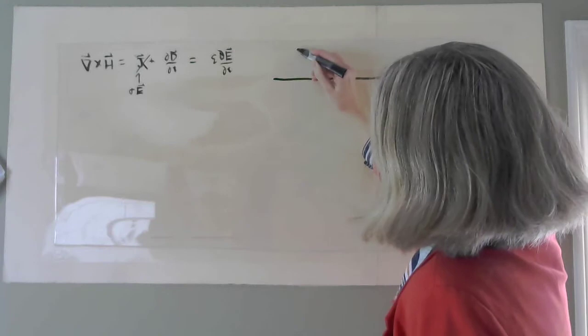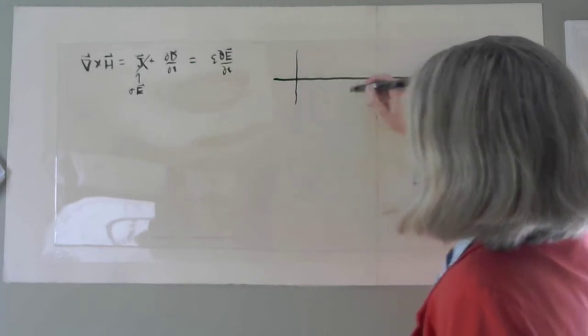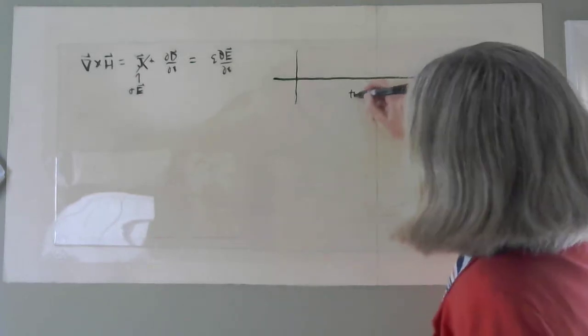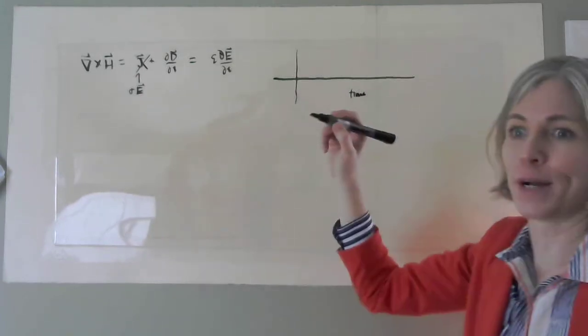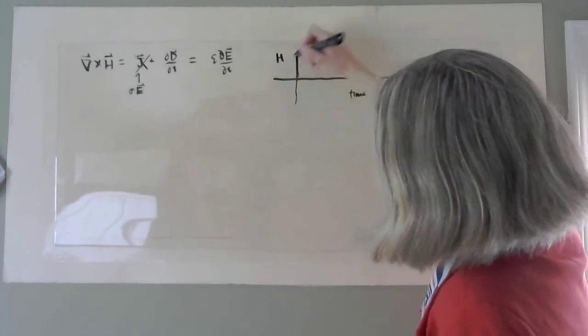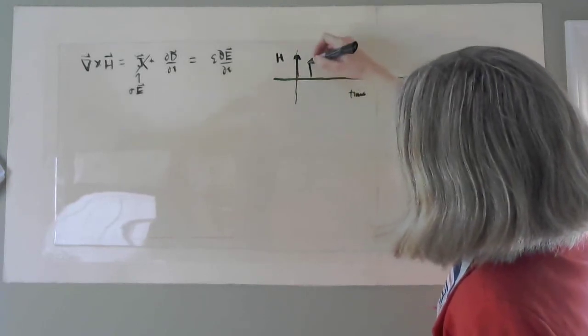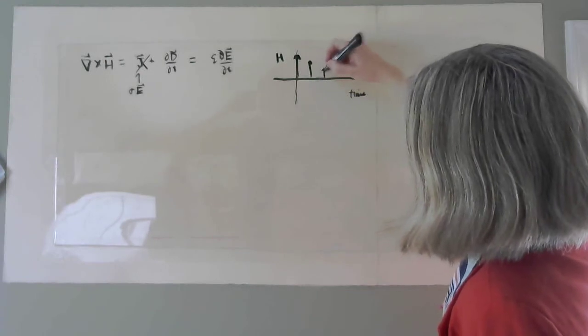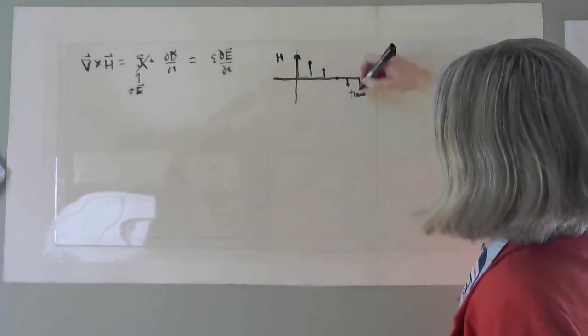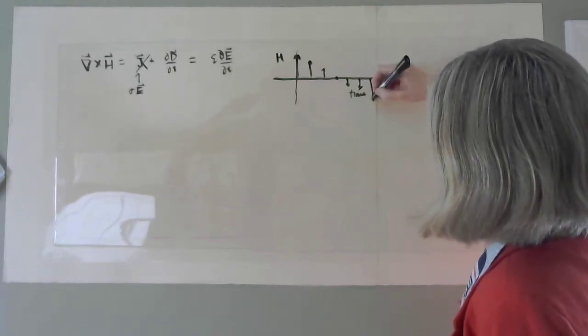If we write an expression, and this is going to be a special case, but it's a really useful special case, of a magnetic field H that has an amplitude that depends not only on time, but on location.